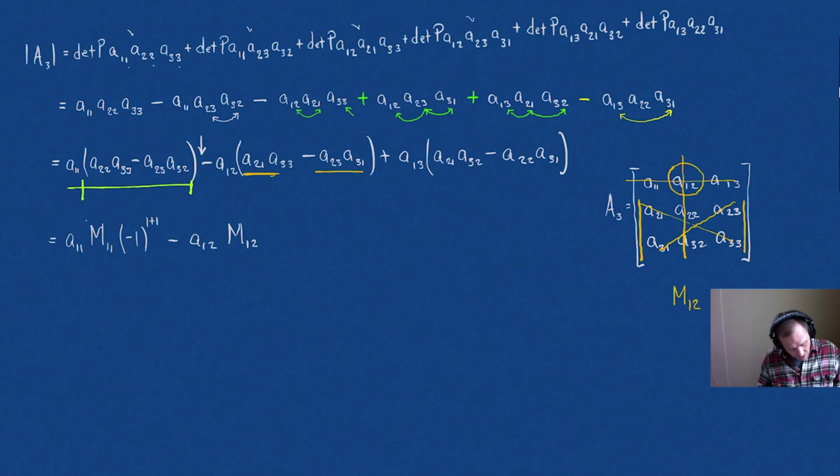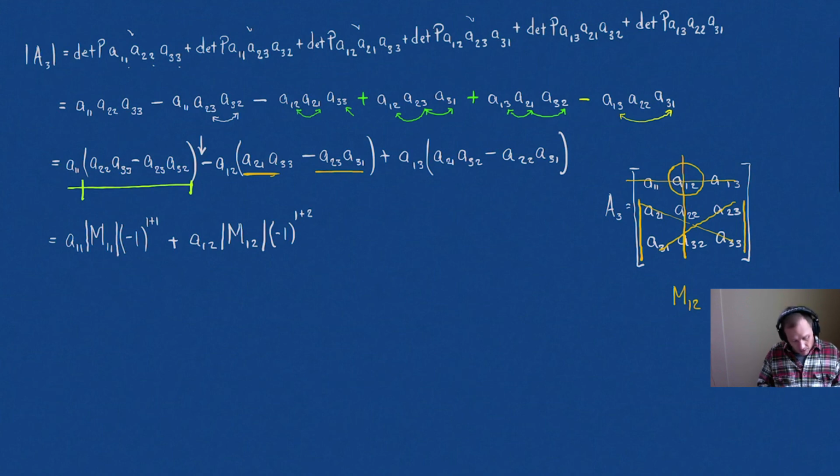I should write determinant around that. Or you can write this as plus, and then write it as negative 1 to the 1 plus 2. So we'll write it both ways. You'll see in practice it's used both ways. And then it always alternates.